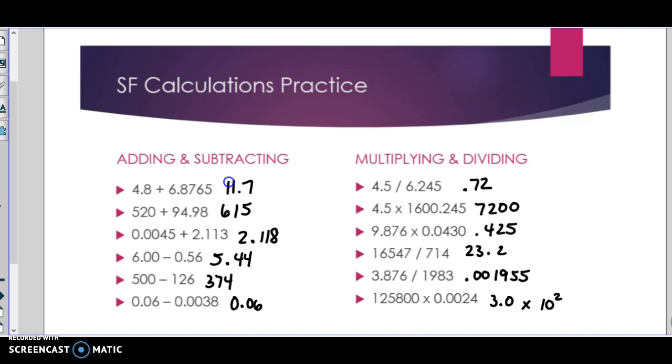Check to see how you did. The last one was kind of tricky because you had to put it in scientific notation since you only could have 2 sig figs. We're going to discuss that on the next slide.